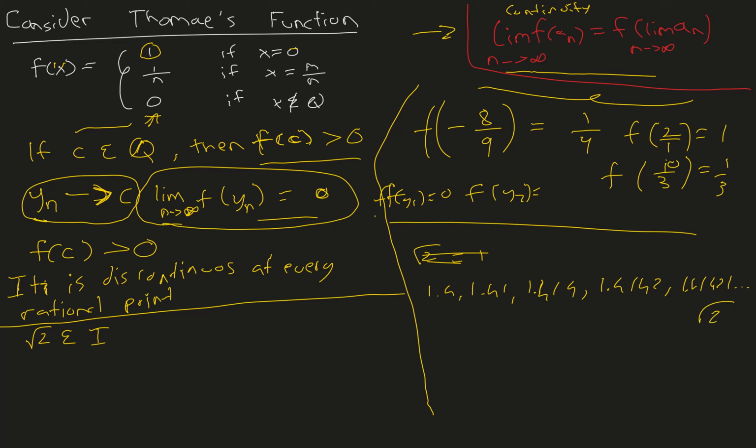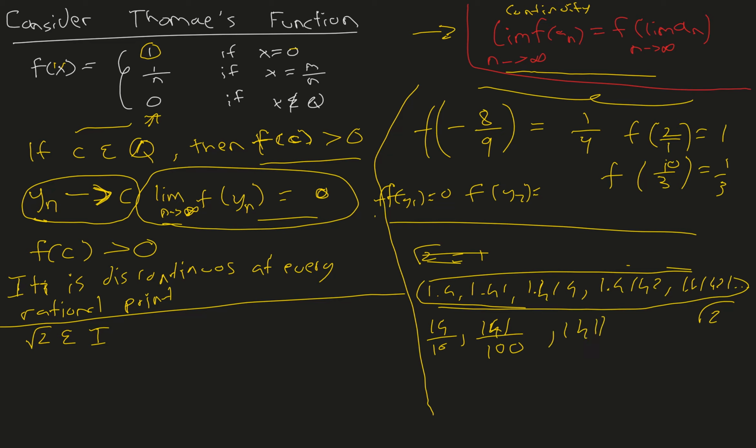All these terms are rational numbers because they can be expressed as fractions. 1.4 can be expressed as 14 over 10, and 1.41 can be expressed as 141 over 100. So all these terms in the sequence are rational numbers, and they converge to root 2.